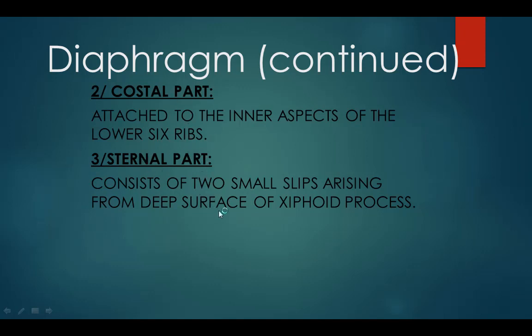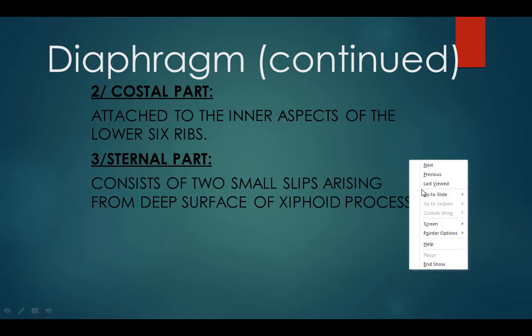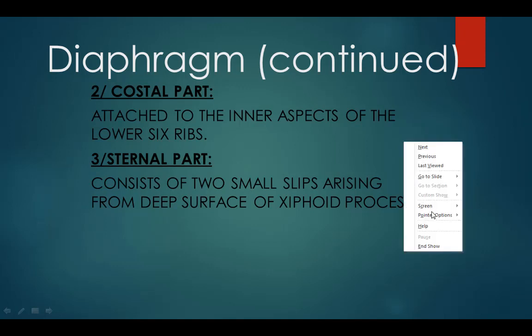So the diaphragm is attached more proximally anteriorly and distally posteriorly, and this is why it has the shape of an inverted J when we describe the diaphragm.